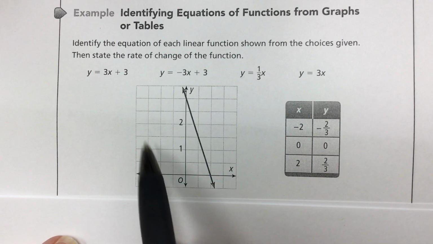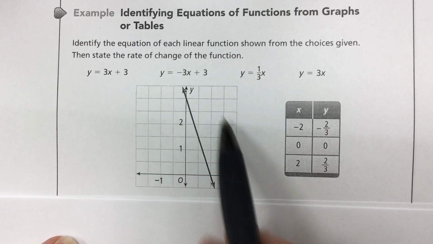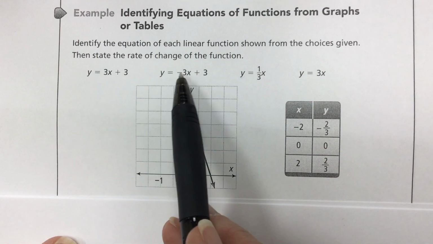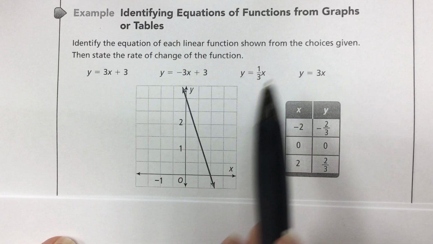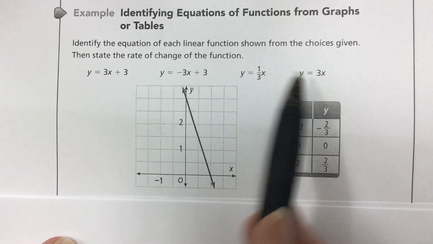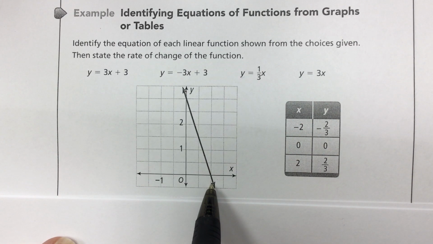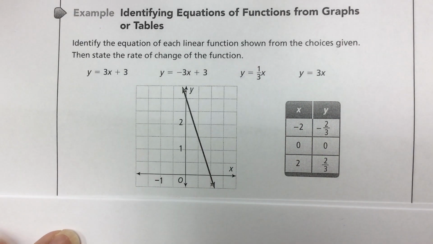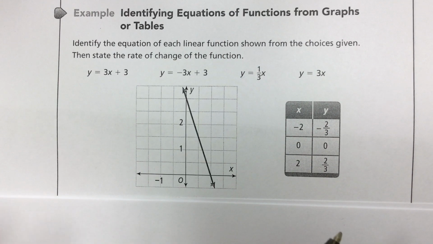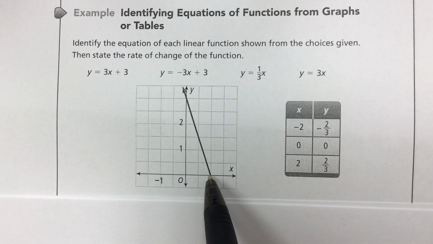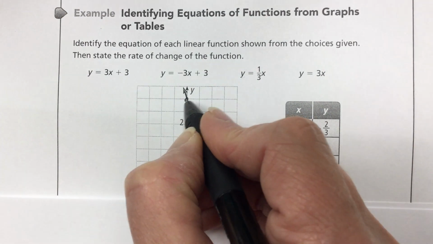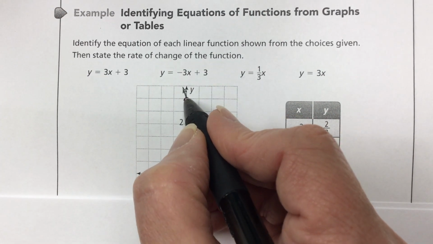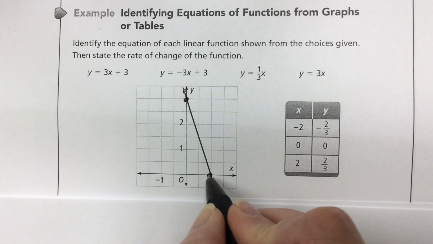So first, we're going to take this graph and determine which one of these equations represents this graph. The first thing that I'm going to do from this graph is determine points. I see this graph passes through this point and this point.